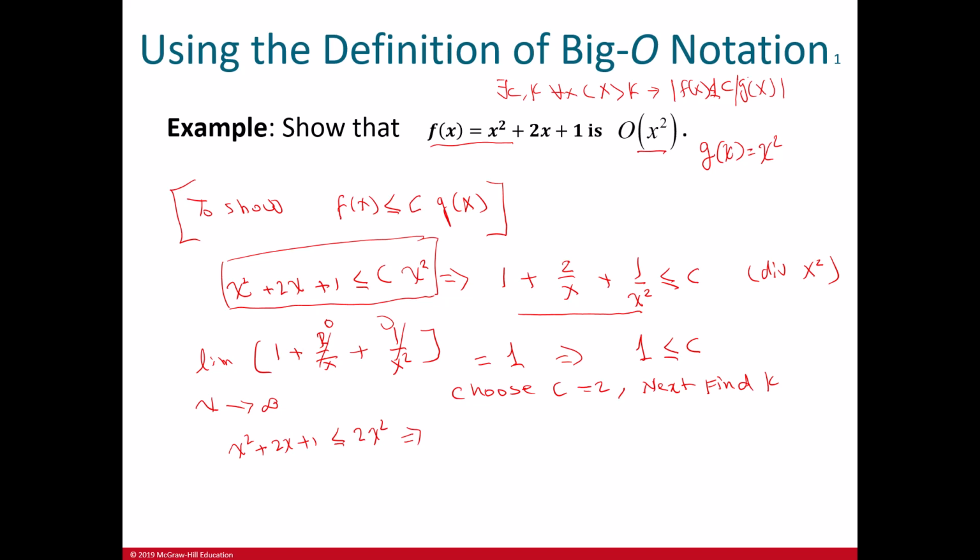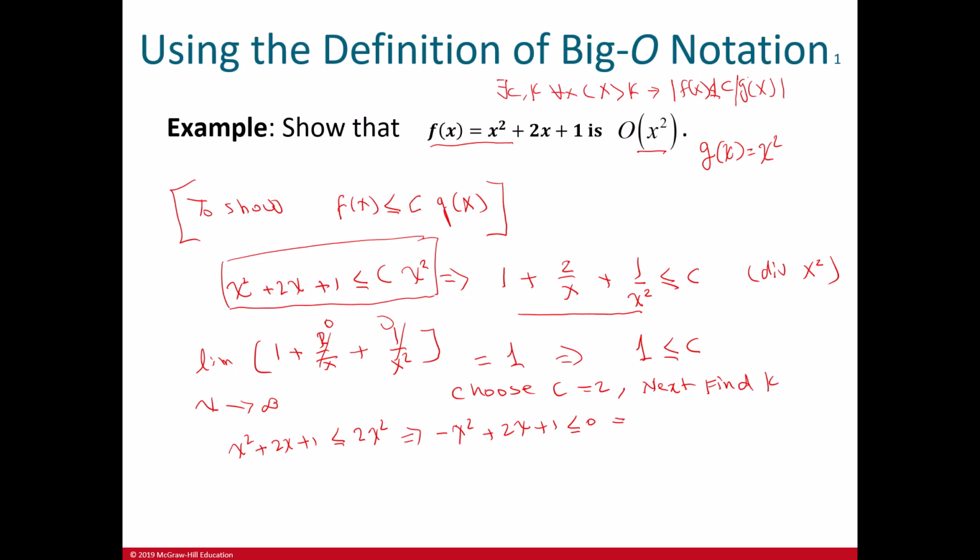When I do this, I'm going to end up with minus x to the 2 plus 2x plus 1 less than or equal to 0.